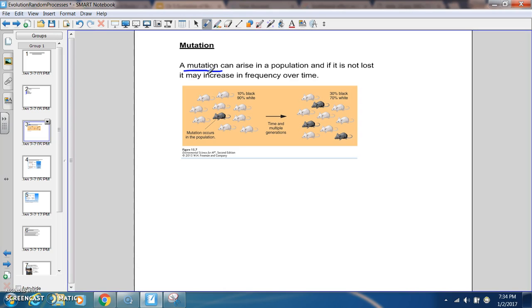where a mutation happens in a population. So for example, in this original population of mice, 90% of the population was white and 10% was black. The mouse that's black is not a different species, it's the same species, but it has a mutation in a protein, and so as a result it has a black color. That mutation occurred in that population, but over time it was not lost.